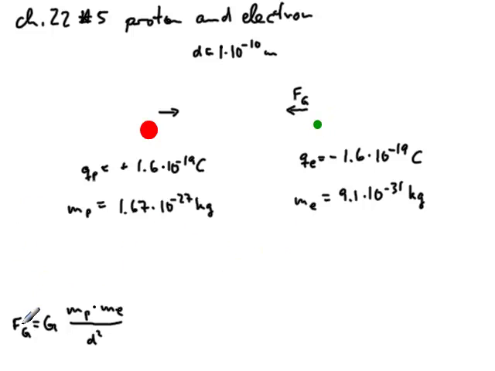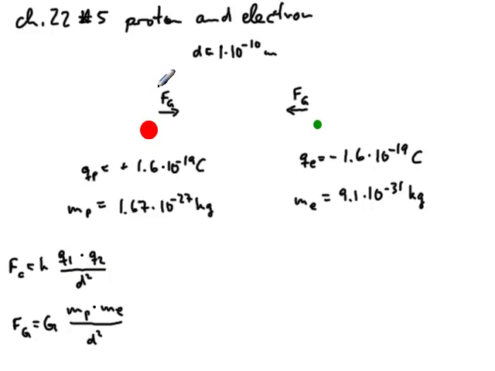Okay, they're saying that, well, we have to compare this with the electric force. I'm just going to write there Fg, and the electric force is the Coulomb force between the two. So Fc equals K times Q1 times Q2 divided by D squared. There we go.